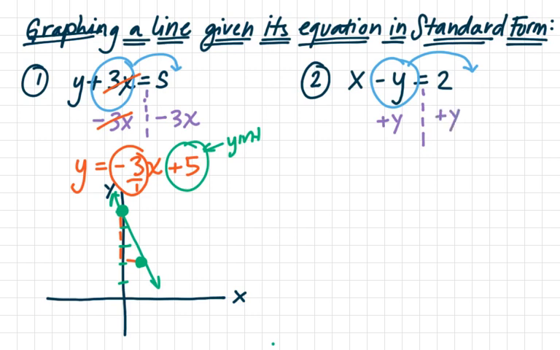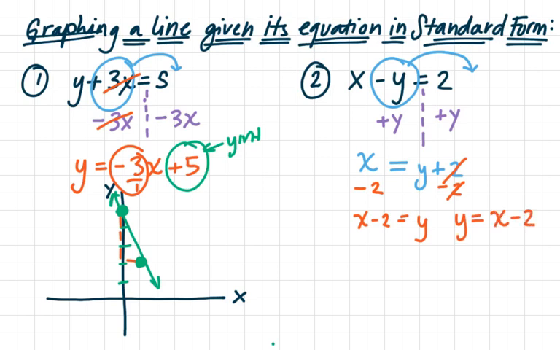So we end up with x equals y plus 2, but now we need to remove that 2, so we'll subtract 2, and we end up with y equals x minus 2. We're used to seeing y on the left: y equals x minus 2.